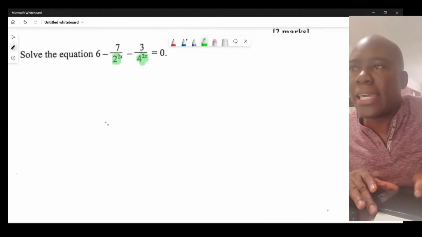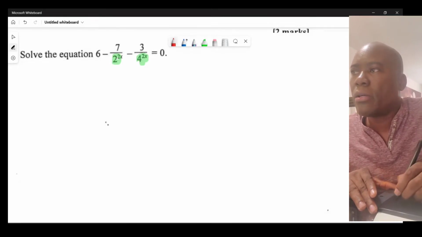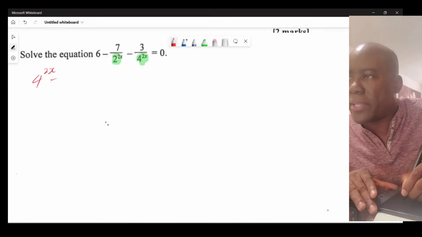If I'm looking at 4 raised to the 2x, this can be seen as 2 raised to the 2, that's 4, and then we have a 2x.